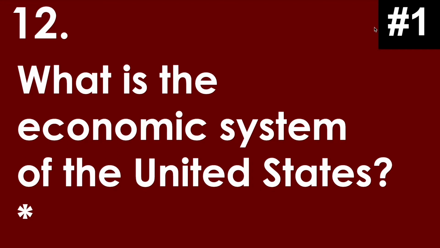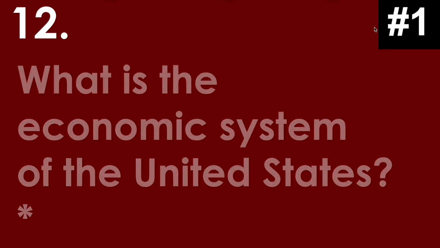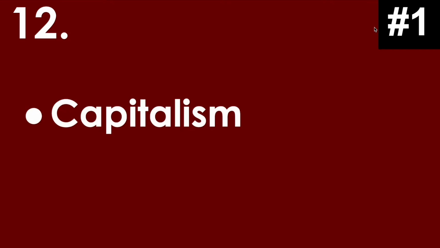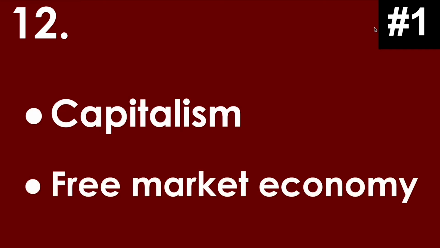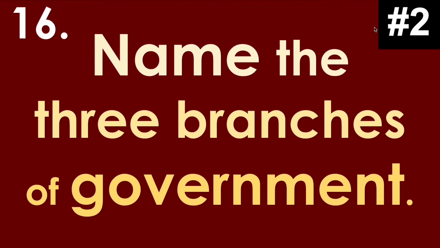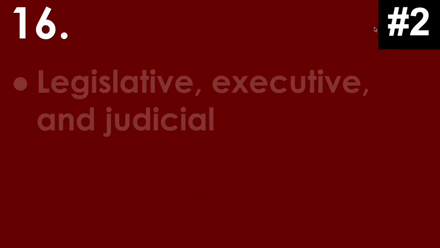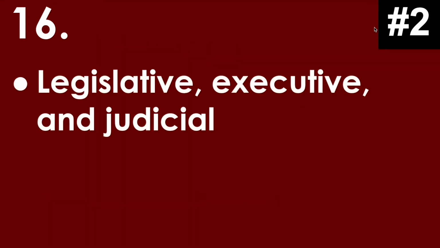What is the economic system of the United States? Capitalism. Free market economy. Name the 3 branches of government. Legislative, executive, and judicial.